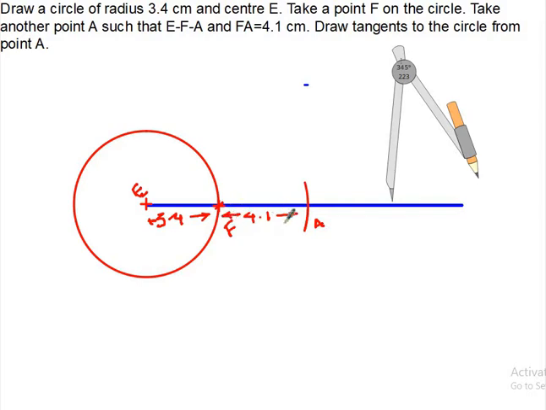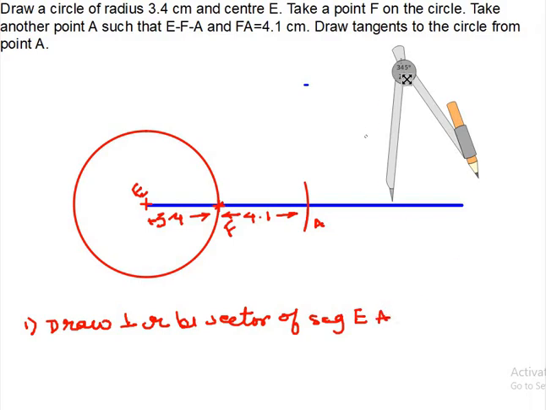Now our first step, which I gave you yesterday, is to draw the perpendicular bisector of segment EA.